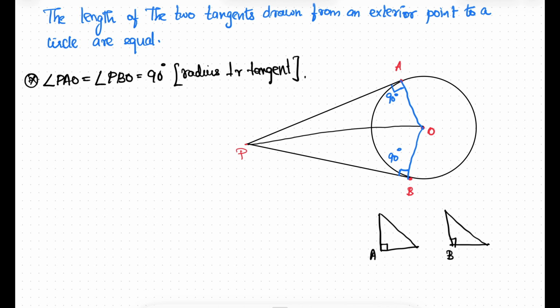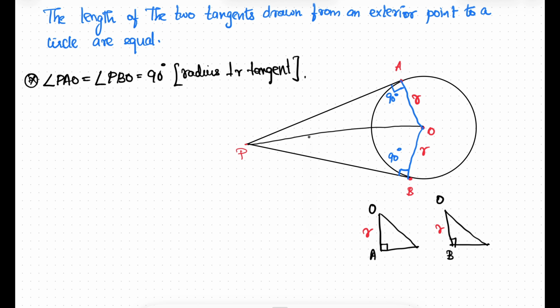Now OA and OB are radii of the circle. So let me write O over here so that OA would become the radius, and also OB over here such that OB will be the radius. The radius of the circle is R. So OA and OB are going to be equal.